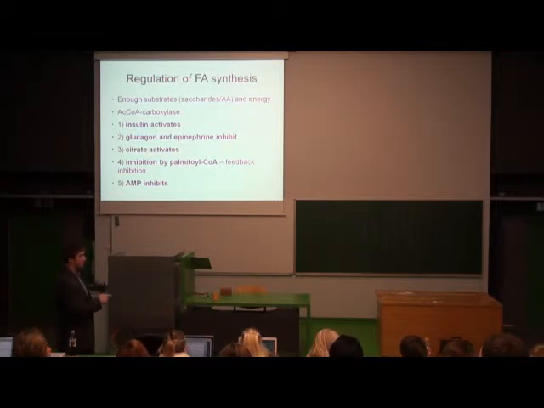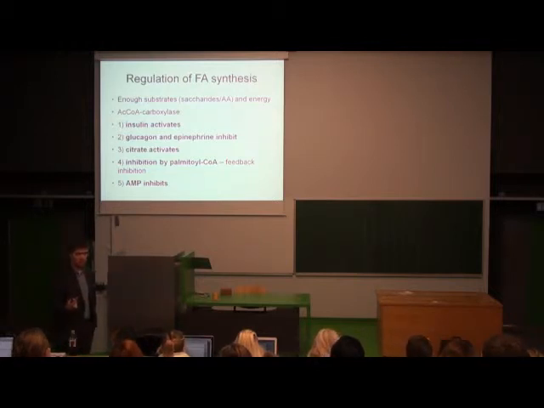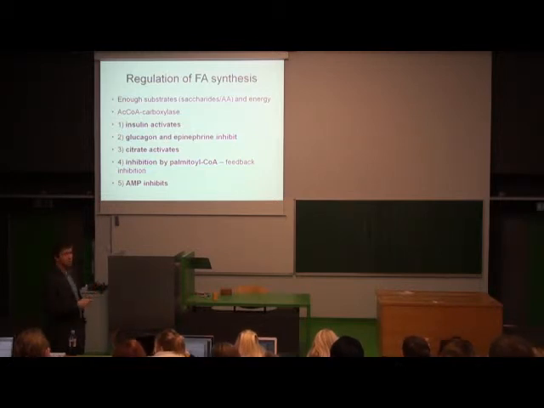Therefore, the citrate can activate the enzyme. Then we have here 2 hormones. Synthesis of fatty acids, that's an anabolic process, and therefore it has to be activated by insulin and inhibited by counter-regulatory hormones. Yes? They modulate this activity by phosphorylation or dephosphorylation. Yes? The same as the glycogen metabolism.